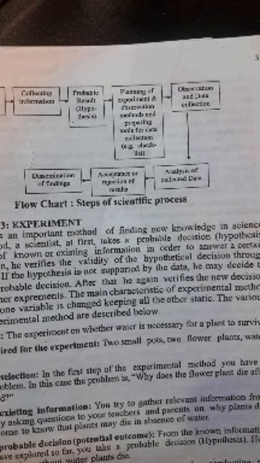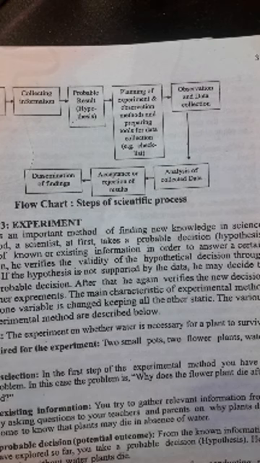Then he verifies the validity of the hypothetical decision through experiment. If the hypothesis is not supported by the data, he may decide to take a new probable decision. After that, he again verifies the new decision through further experiment.